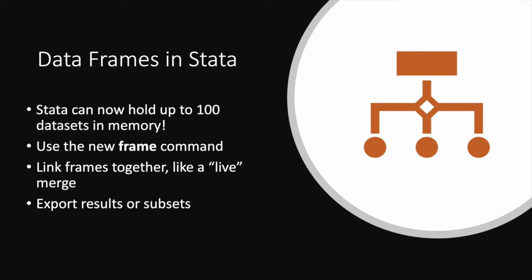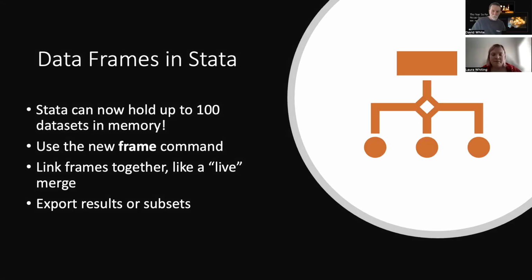So let's have a chat about frames, which was introduced in Stata 16. It was, yep. I believe they may have added a few functions to it in 17, but it was in 16. Stata is pretty awesome in that it can hold up to 100 different data sets in memory. It is going to depend on how much RAM your computer has got, so don't expect that you'll be able to hold 100 gigabyte files in memory.